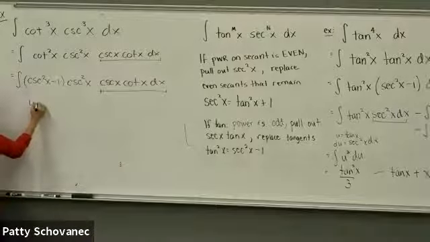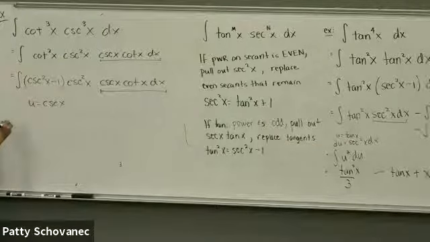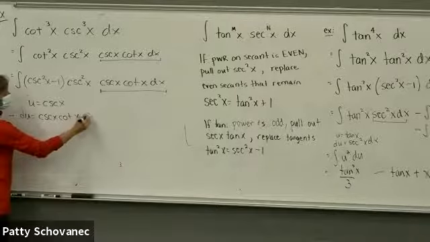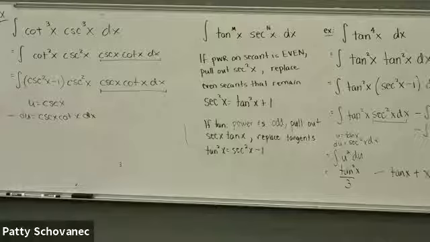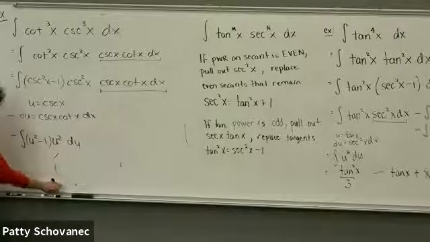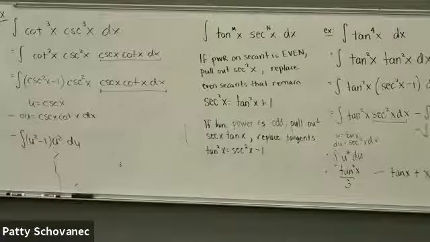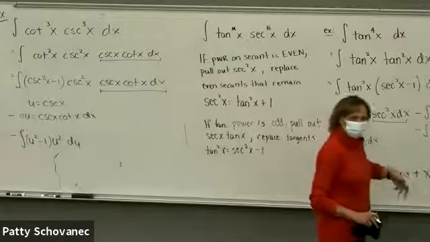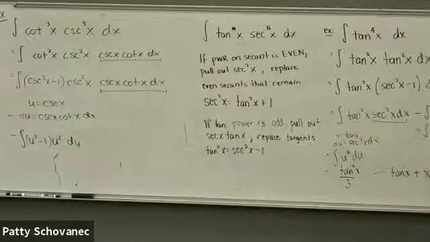So I've got to take u to be the cosecant. Except that spits out a minus sign. So I'll go ahead and move the minus sign over to the du. And so we're going to have minus the integral of u squared minus 1 times u squared times du, and so on. The rest is the same. So there's really no difference in our strategies if I swap out a cosecant for a secant and a cotangent for a tangent.